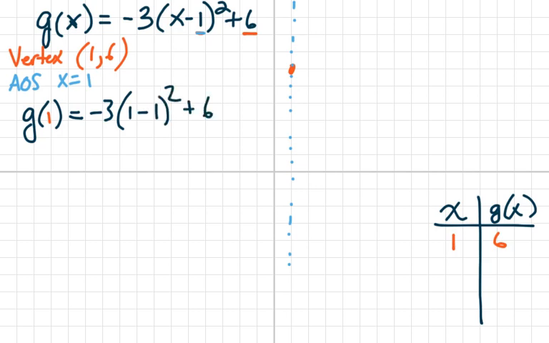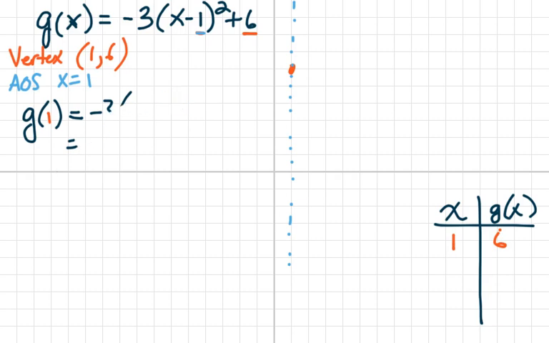I should probably put the 1 in for x in red. This is simply going to be -3 times 0 plus 6, which is just 6. That's why I've written a 6 over here. This is why it's the vertex, because when you plug in that x value, you get the y value of that vertex.